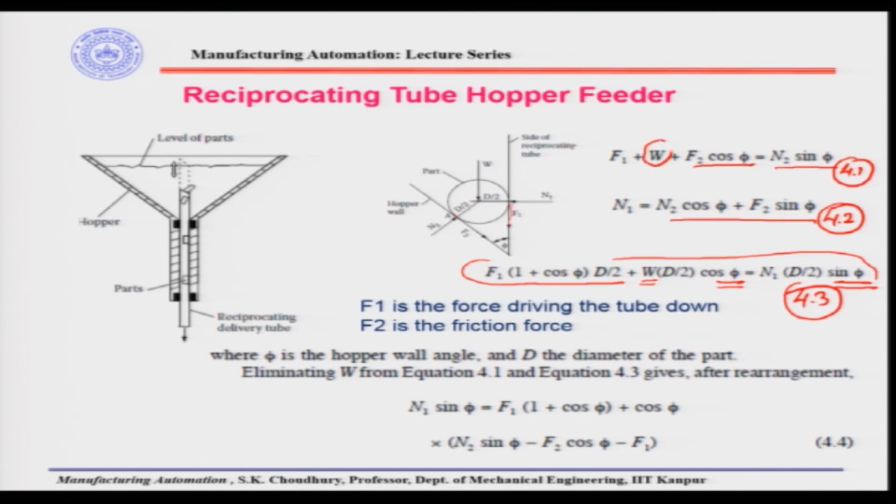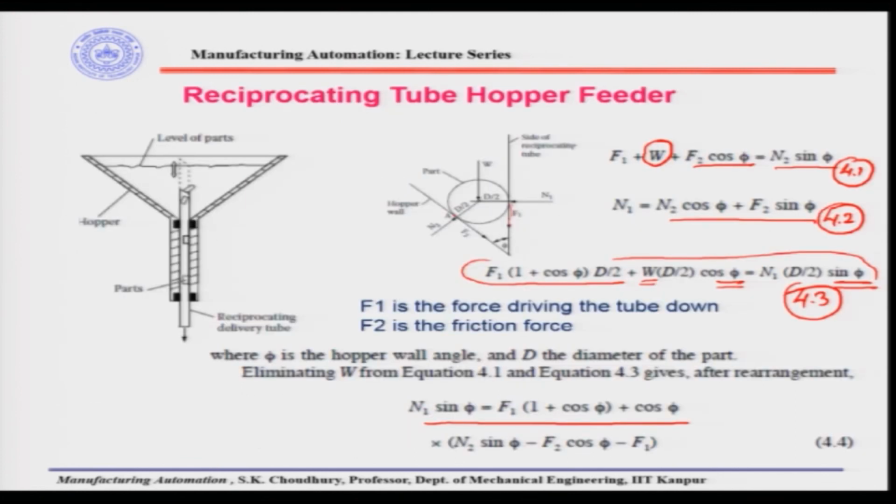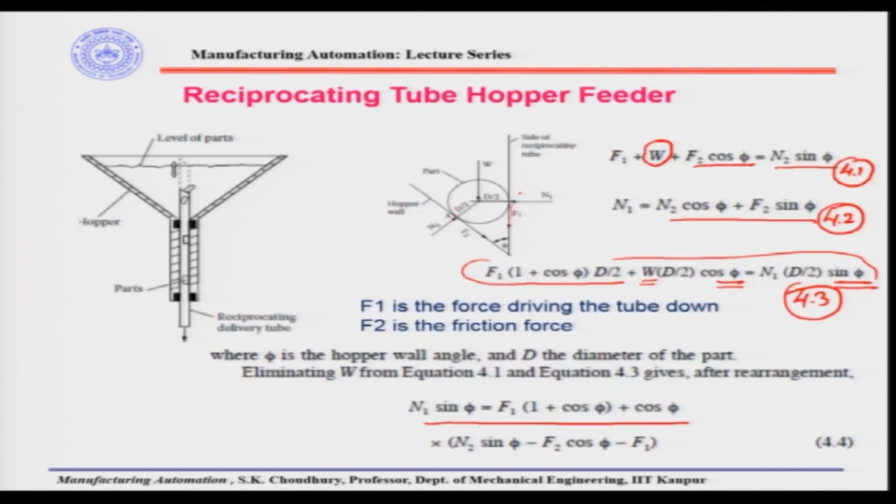Okay. So, after rearrangement what we will be getting is this. Let me show it to you how it is getting. So, we have the equation 4.1 here, and from here we will find out W is equal to this. We have the equation 4.3 here.